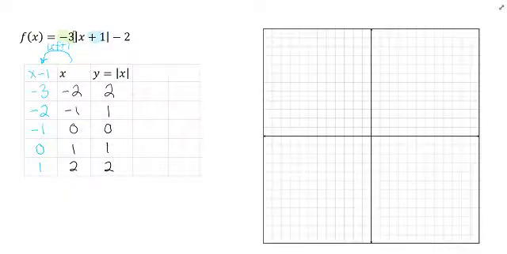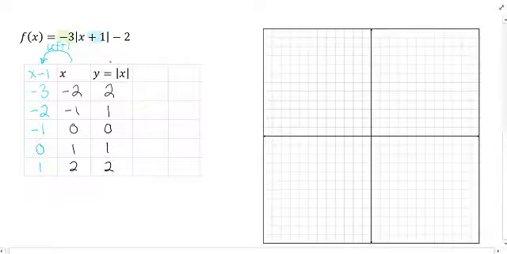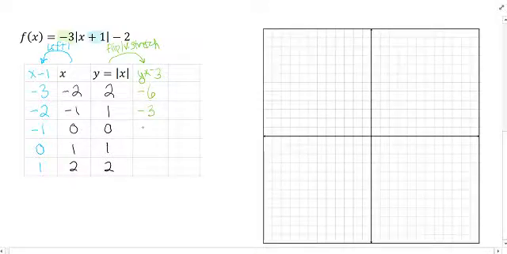We can do both those transformations at the same time by taking all these y values and multiplying by that -3. So 2 times -3 gives me -6. 1 times -3 is -3. 0 times -3, 1 times -3, and 2 times -3.